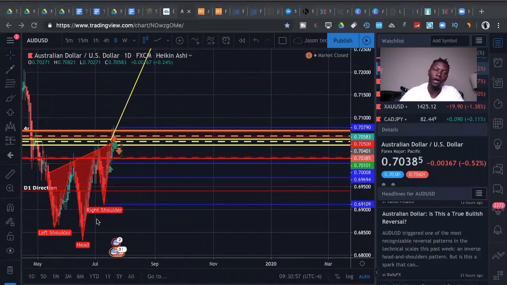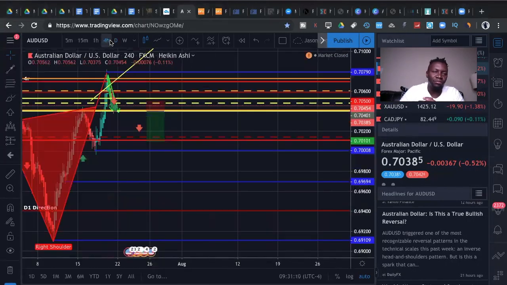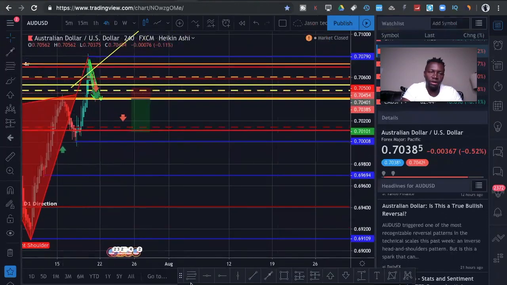I'm looking for USD to break the neckline and go on a buy, but it's still continuously struggling to break that. So I think today and tomorrow you'll see a short sale, and then it'll break through here, hit here, and then throughout the rest of the week it should go ahead and break the neckline and go to the upside.